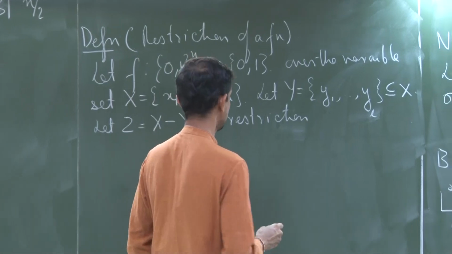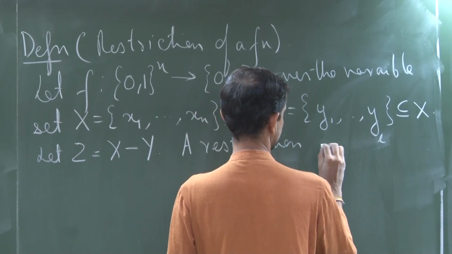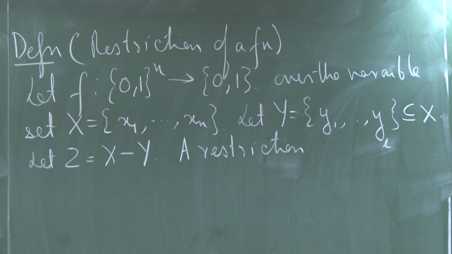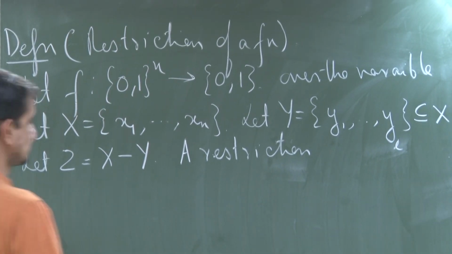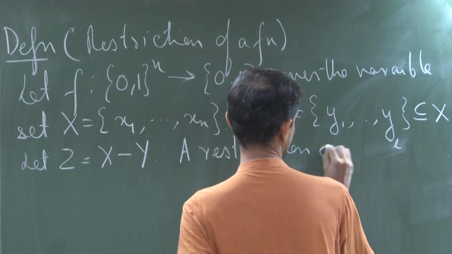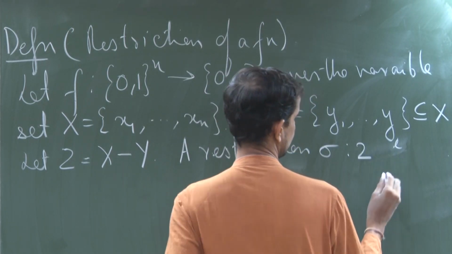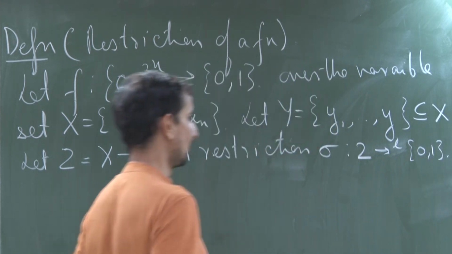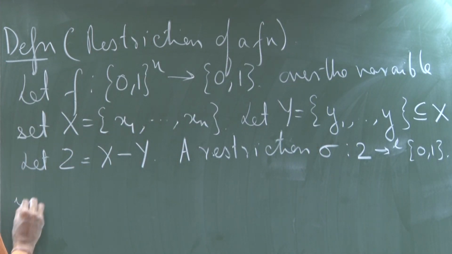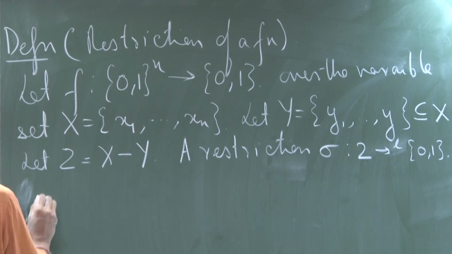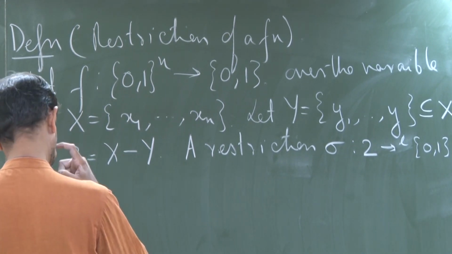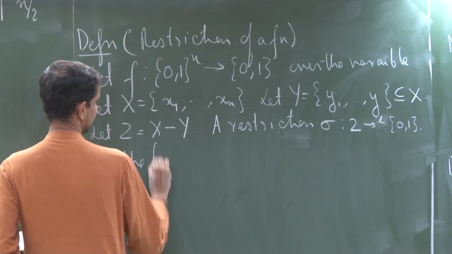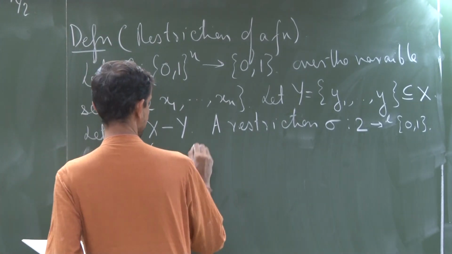A restriction sigma from z to 0 1 is the function.